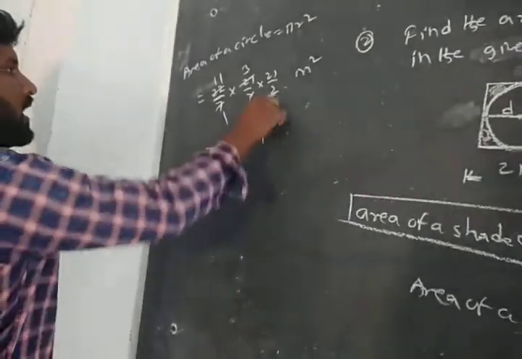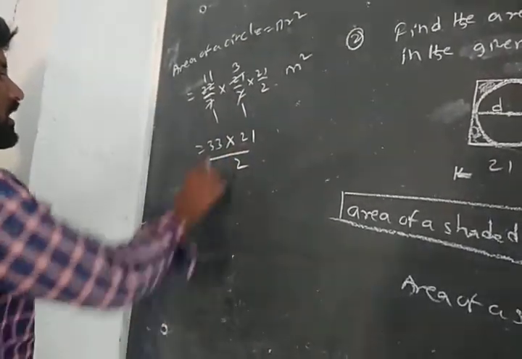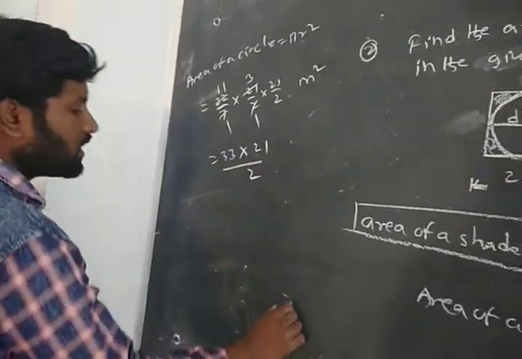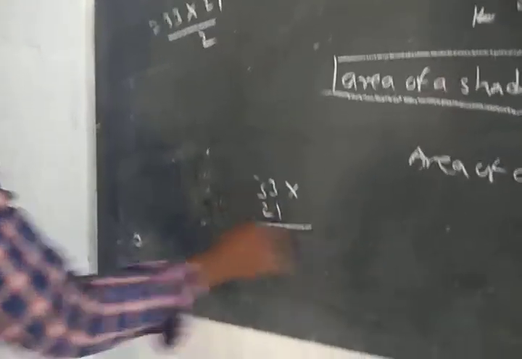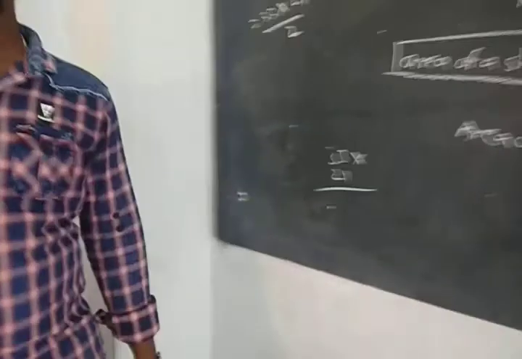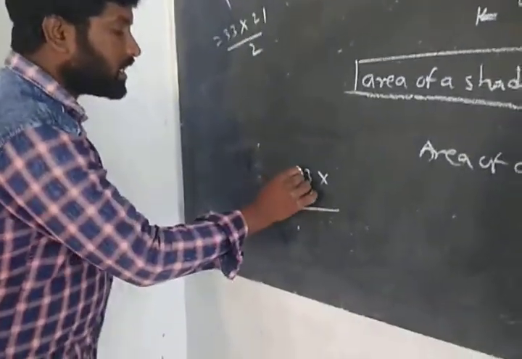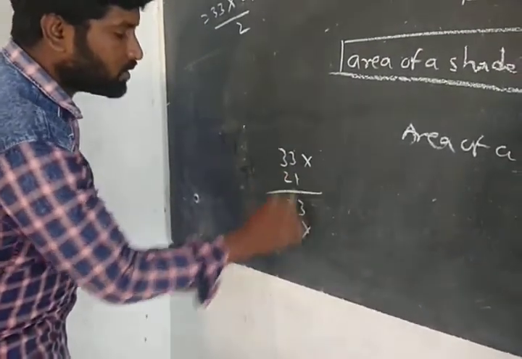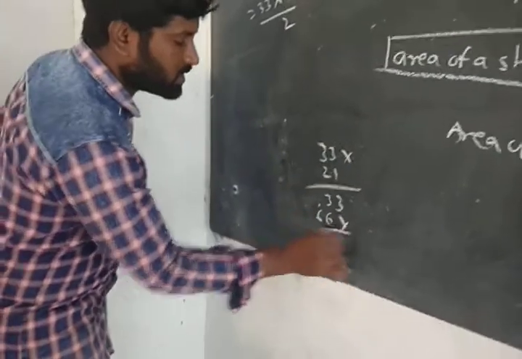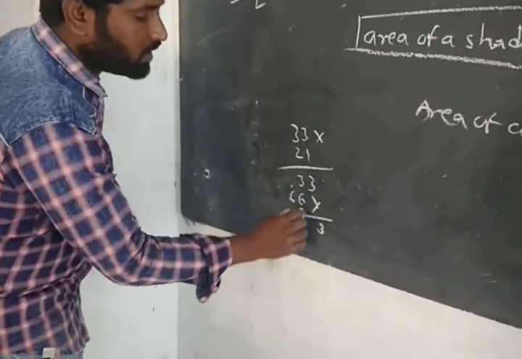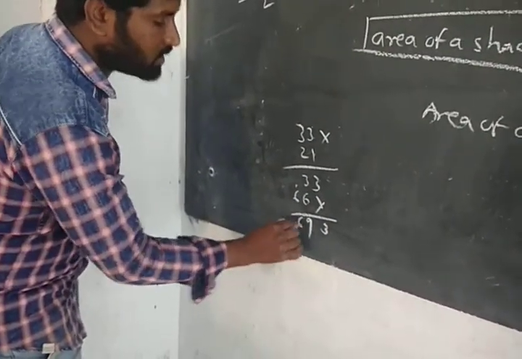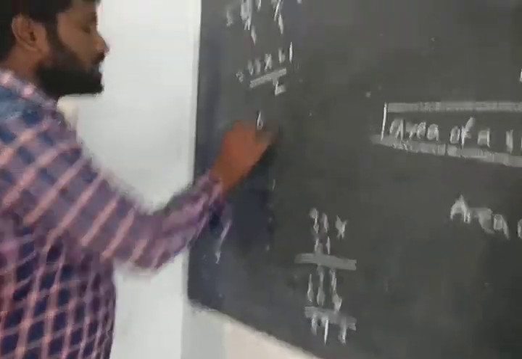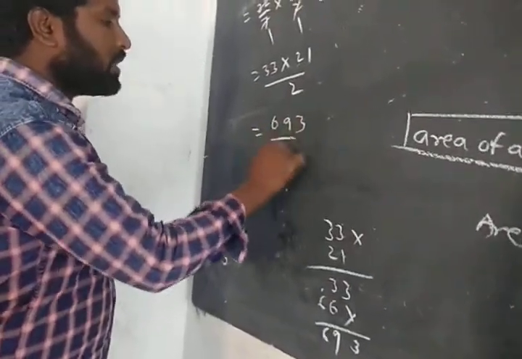33 into 21 means we get what now? 1 thirty-threes are 33, 2 threes are 6, 2 threes are 6, that is 693. We get 693 by 2.